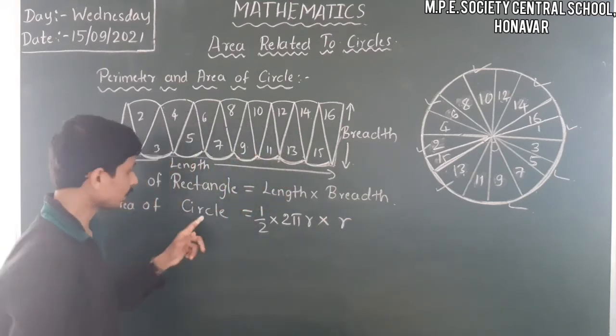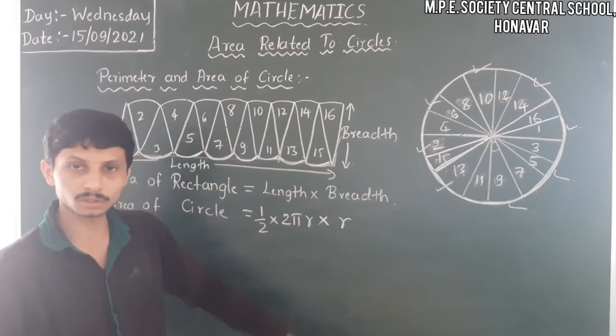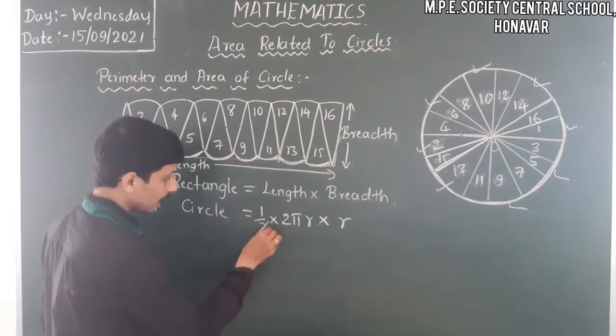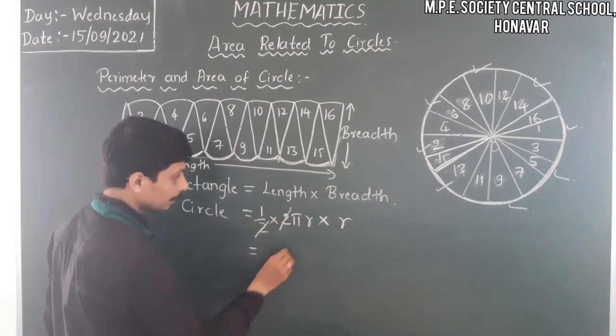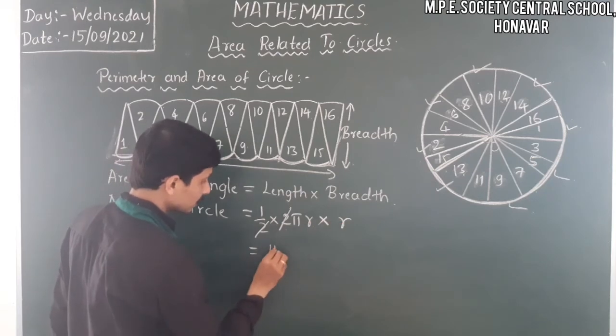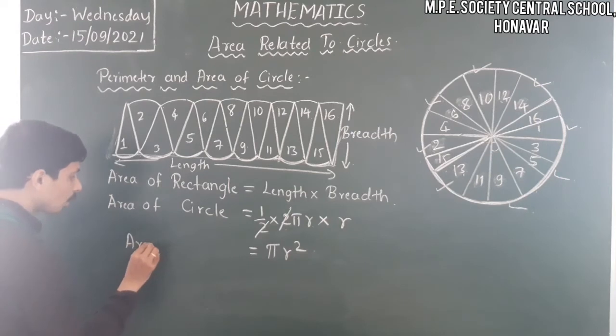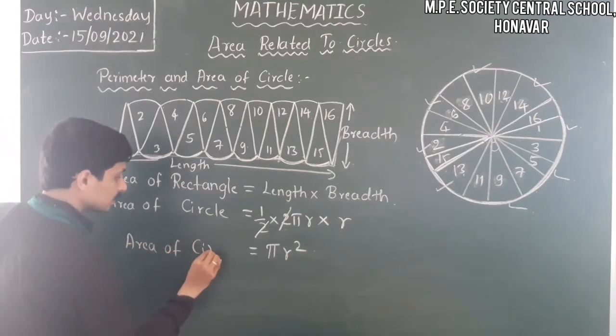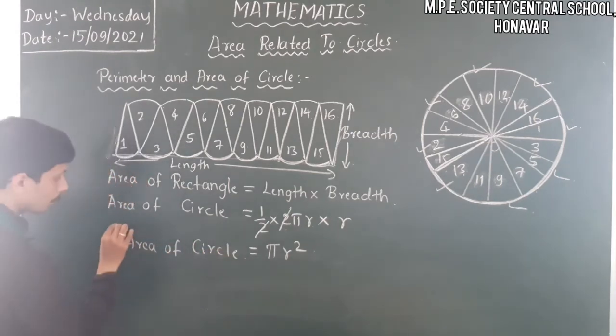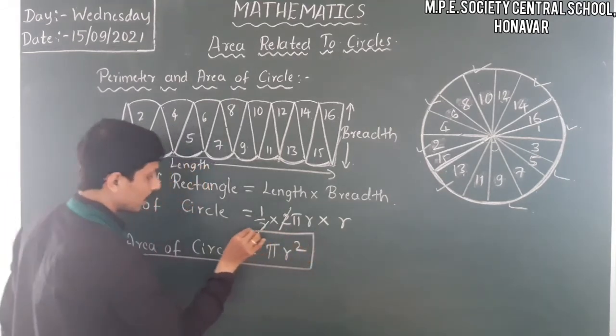So the area of the circle is equal to half into 2 pi into r. Here just observe, we can cancel out 2 and 2. Then what remains is pi into r into r, which is pi r square. Then the area of the circle is equal to pi r square.